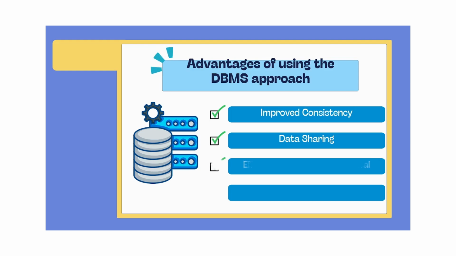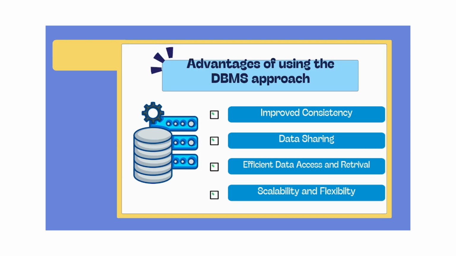The next one is efficient data access and retrieval. Efficient data access and retrieval is achieved through techniques like indexing, query optimization, and the use of appropriate database models. The last one is scalability and flexibility.